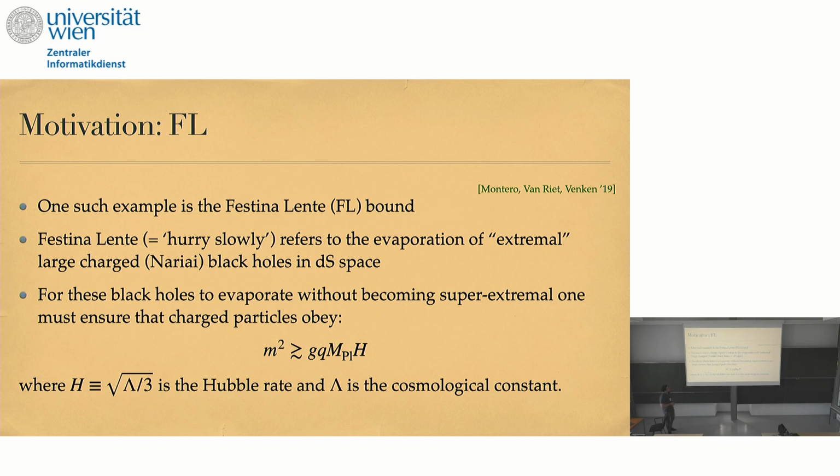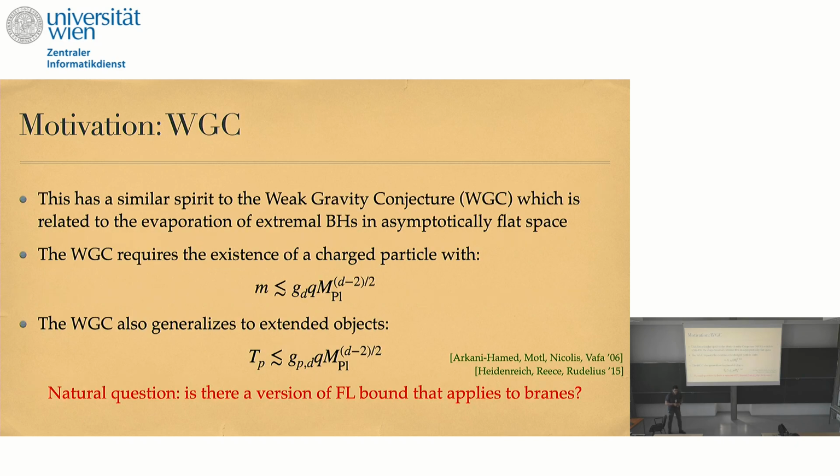This bound should remind you of the weak gravity conjecture, and this is not a coincidence, because really the logic is the same. In fact, Festina Lente was derived by taking the logic of the weak gravity conjecture and applying it to these large black holes in de Sitter.